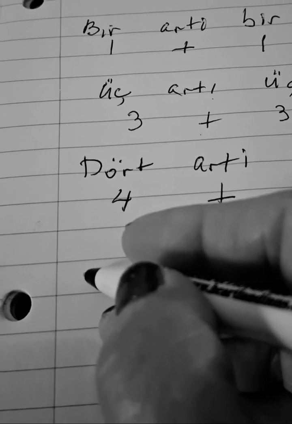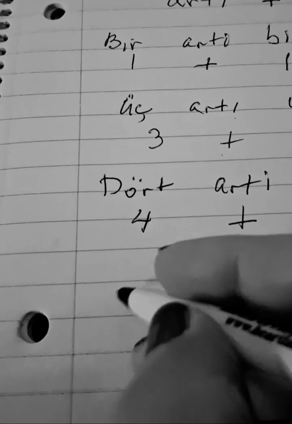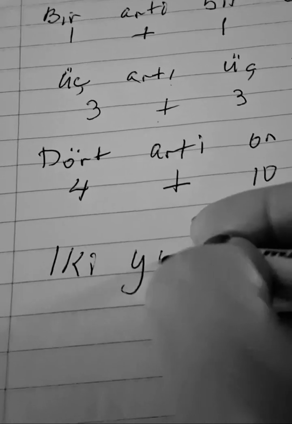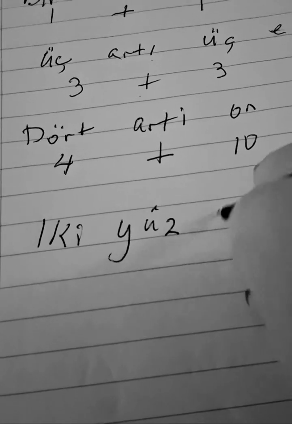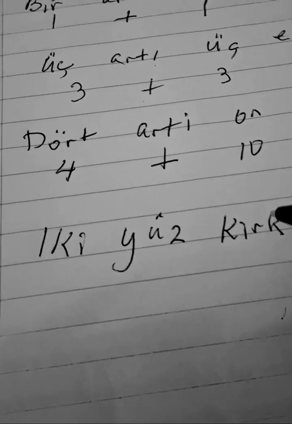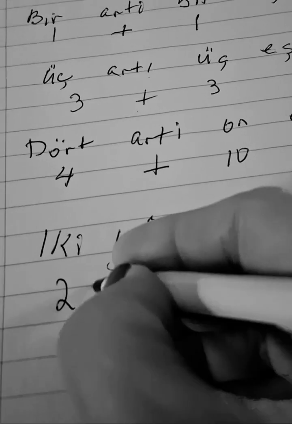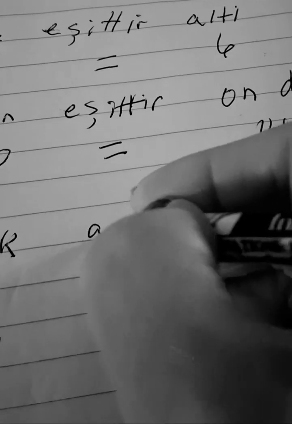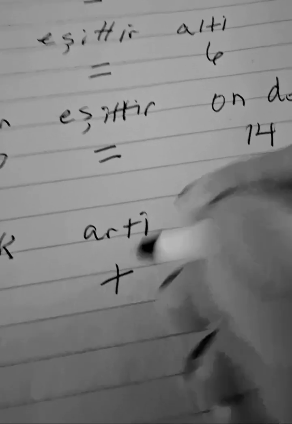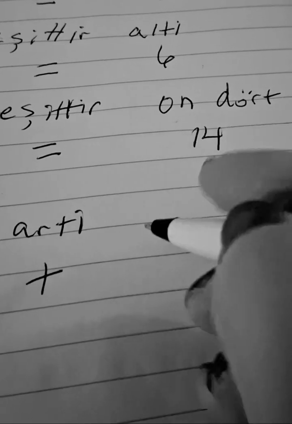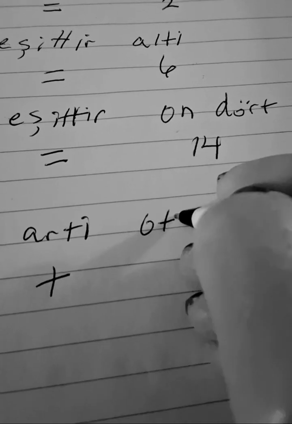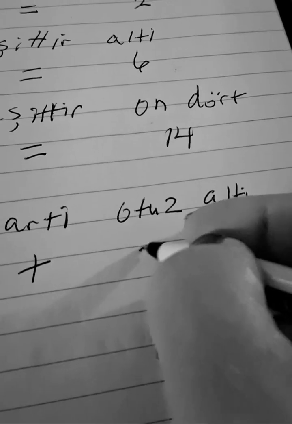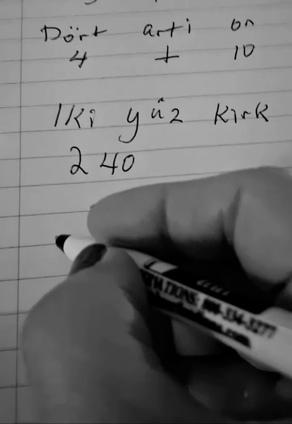All right, so iki yüz kırk, 240, artı otuz altı, 36, eşittir.